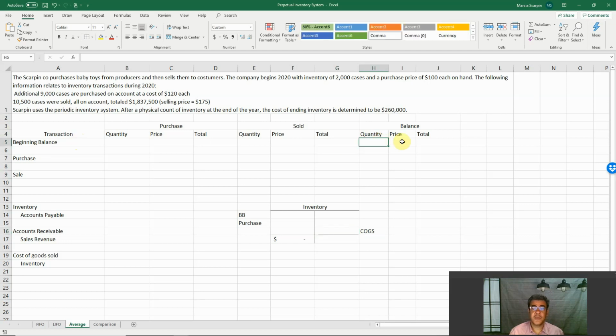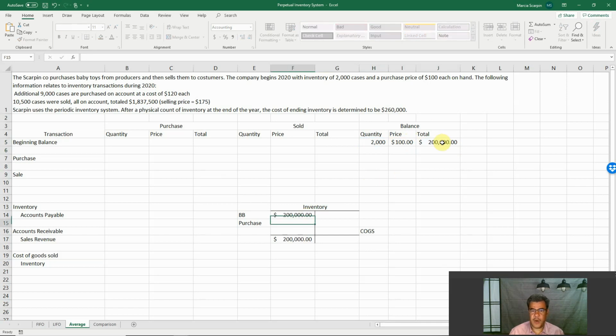Well, 2,000 units, price $100. So our total will be quantity times price, so it will be $200,000. And let's add this info to our T account. So inventory beginning balance $200,000.